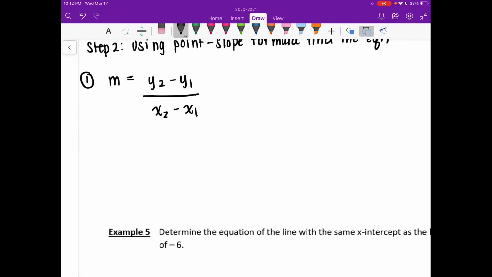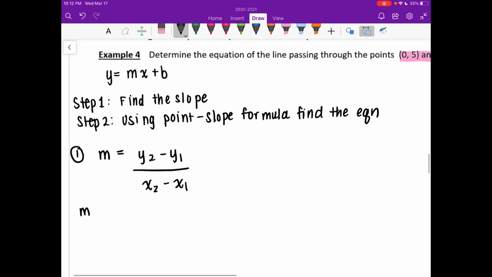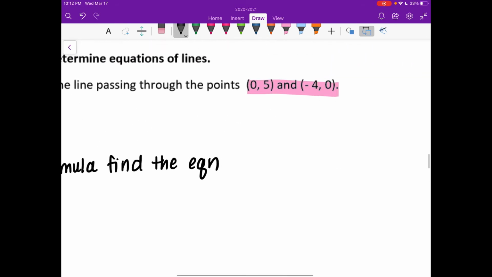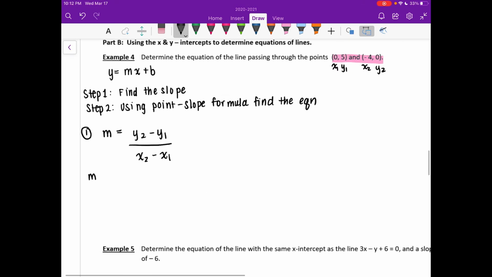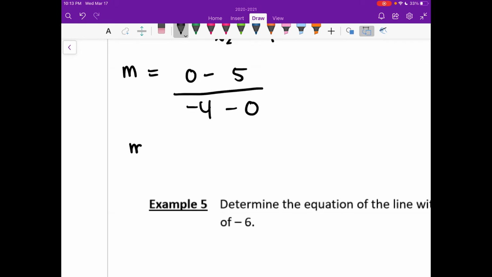Let's sub in our numbers. y2 is 0, y1 is 5, x2 is negative 4, x1 is 0. So m is equal to 0 minus 5, which is negative 5, over negative 4, so I know that m is equal to 5 over 4. That's my slope.